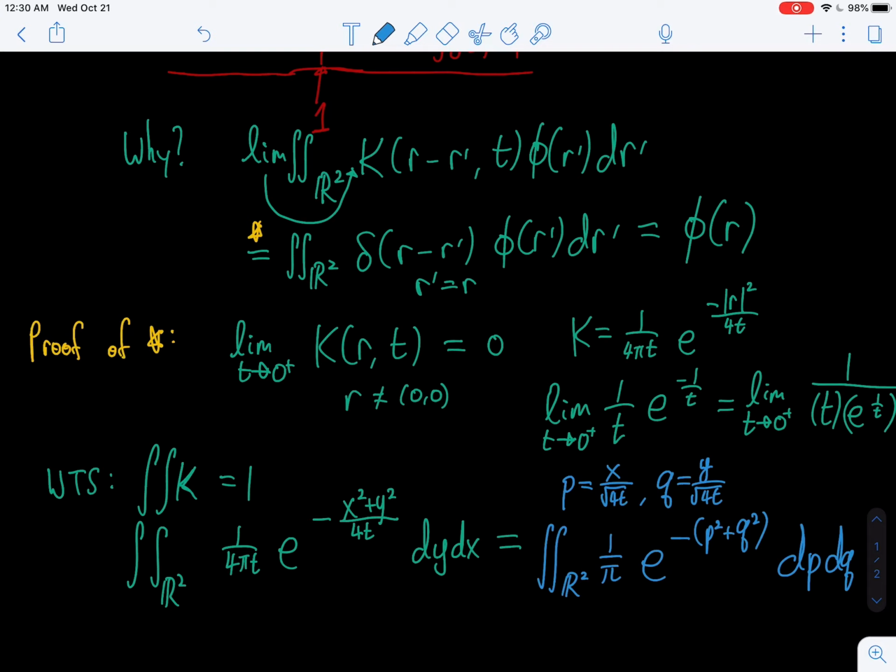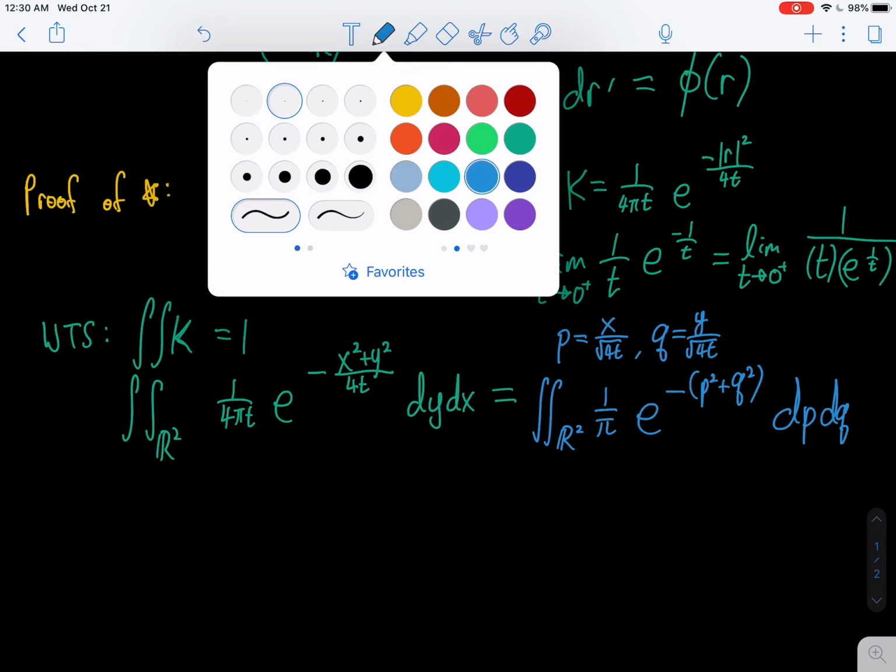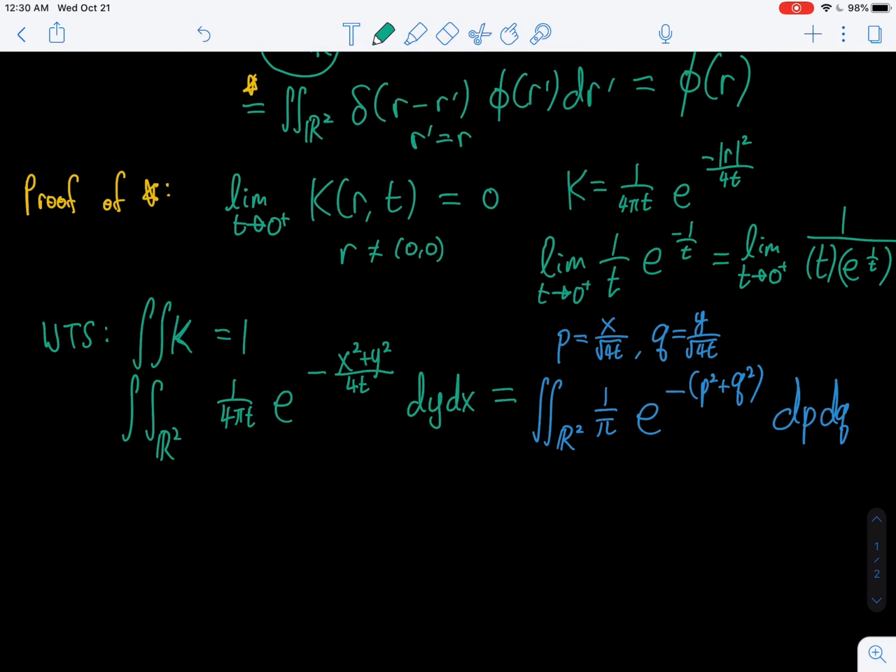Okay, now let's change this one more time into polar coordinates, okay? So this is going to be equal to, I'm going to leave 1 over pi out here. So instead of negative infinity to positive infinity, I'm going to do our radius going from 0 to infinity and our theta going from 0 to 2 pi.